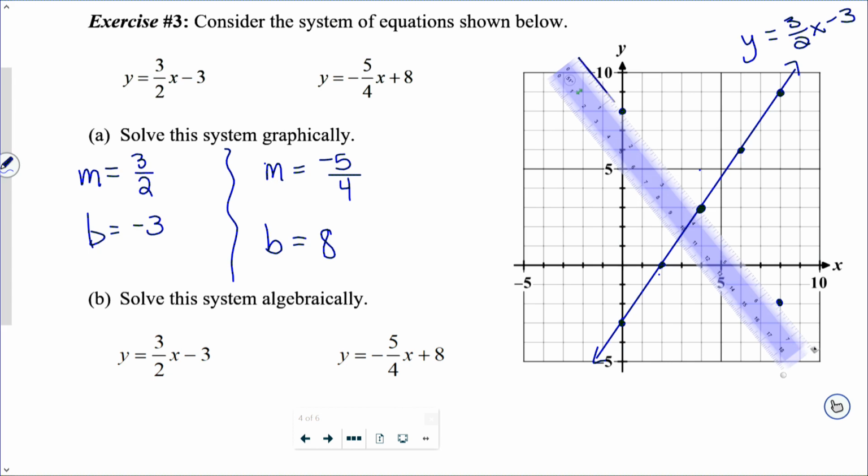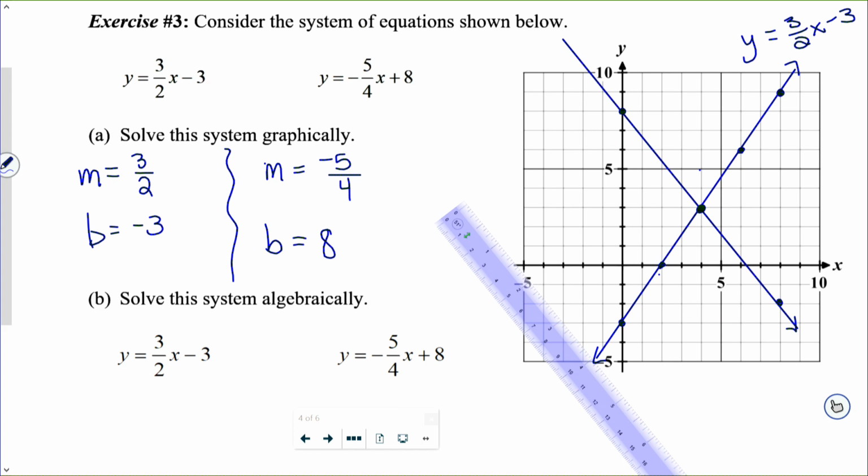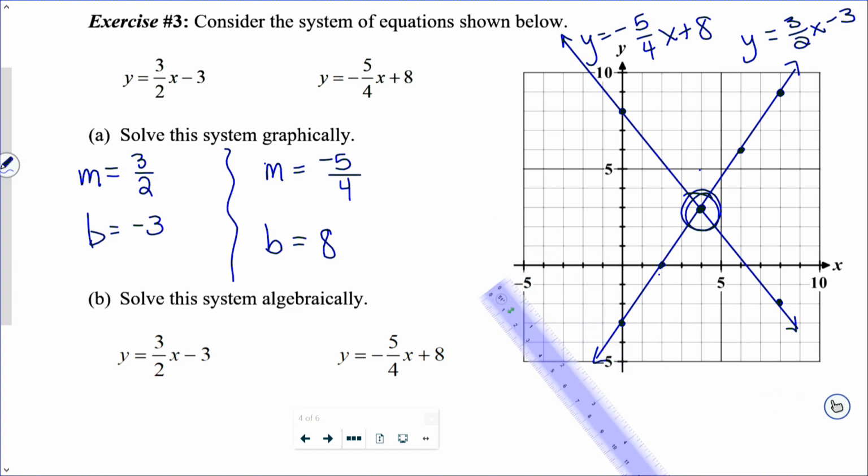And great. Don't grab the line. Y equals negative 5/4 x plus 8. There's our intersection point at 4, 3.